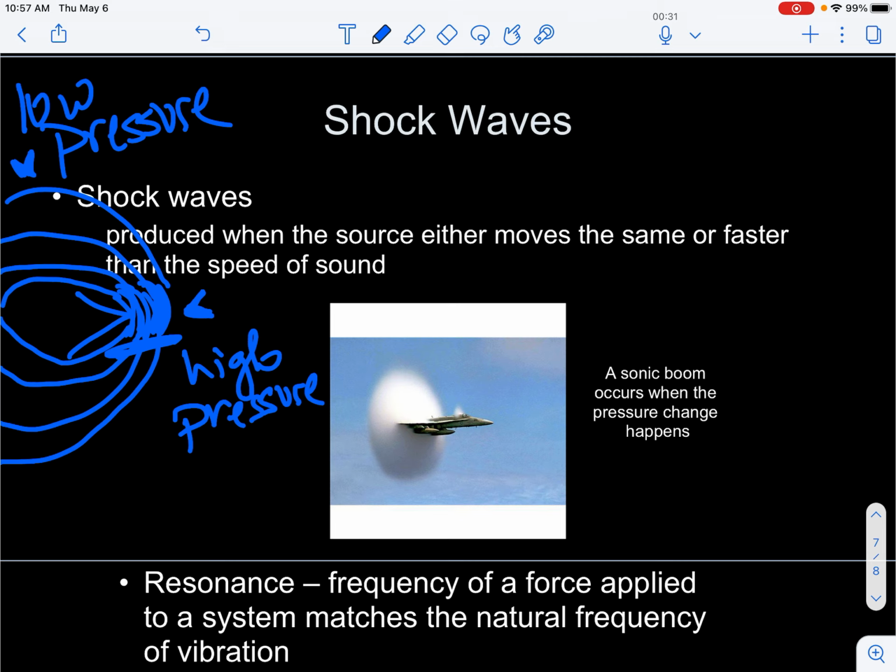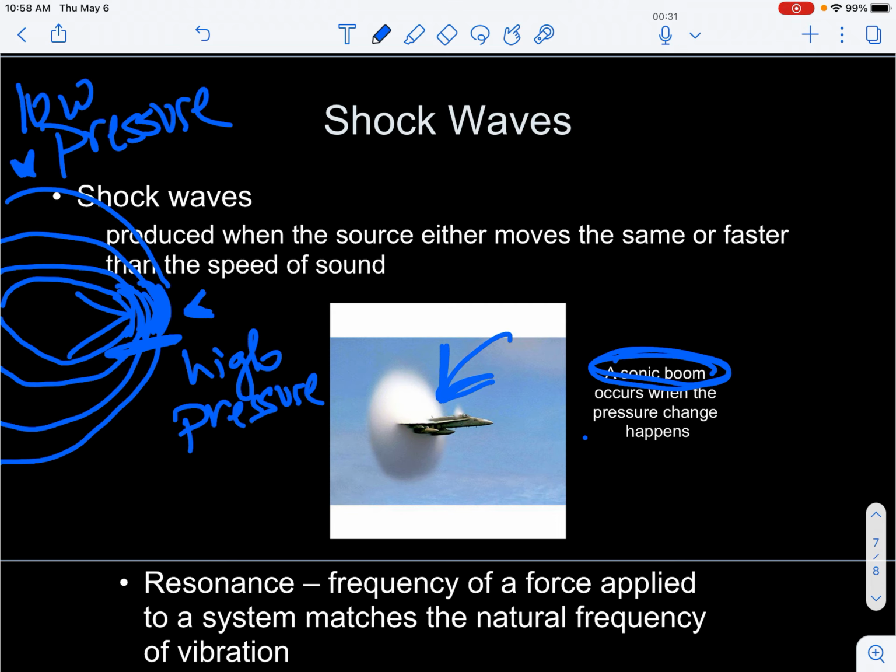That area of very high pressure at the front of the plane is being followed by an area of very low pressure. So the pressure is changing so fast that it creates something called a sonic boom.